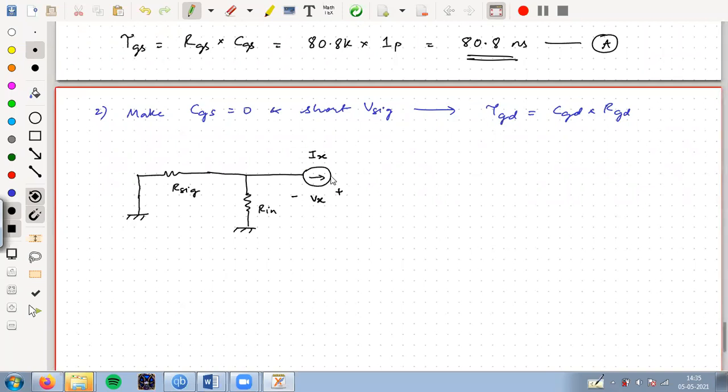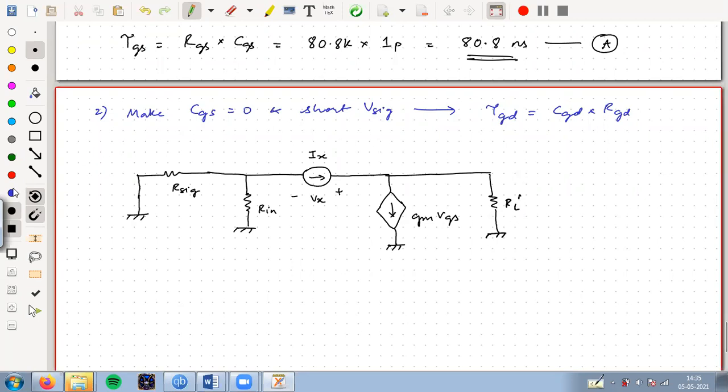Then here I have my dependent source, Gm into Vgs. Then here I have RL prime.